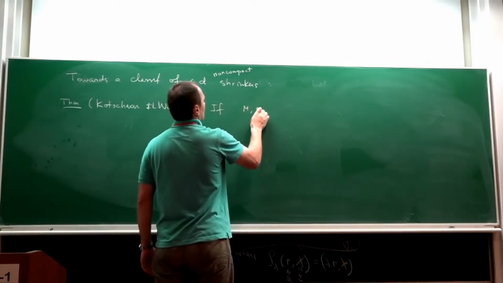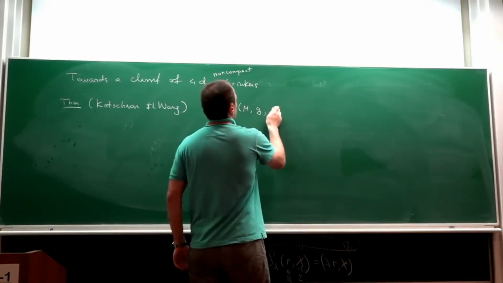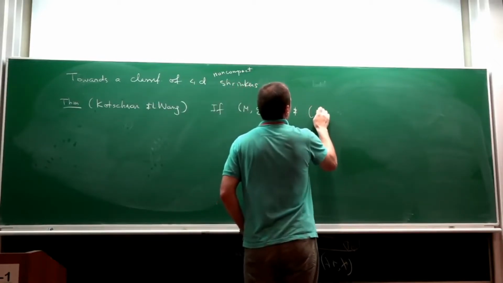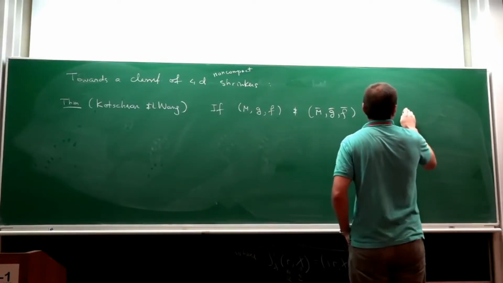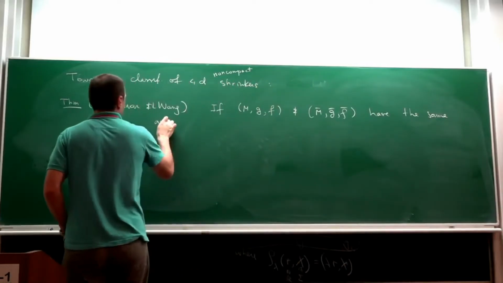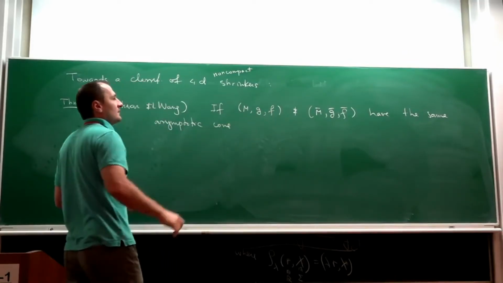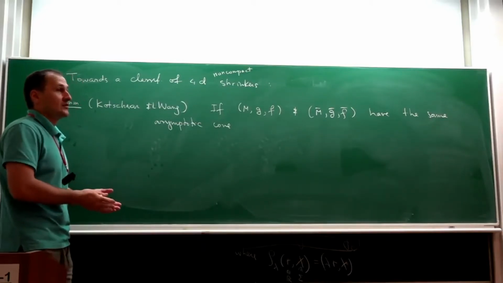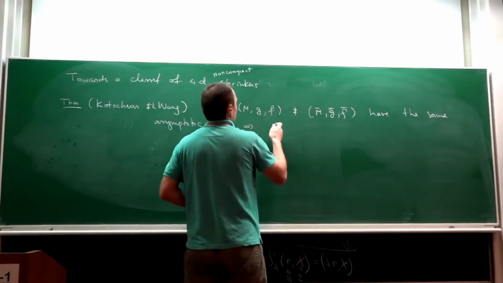I'll just state it in dimension 4 because this is the setting I'm interested in, but the result is true in general. So I'm assuming, let's say, that scalar curvature goes to 0, they are asymptotically conical, and they do have the same asymptotic cone. Then they must be isometric to each other.